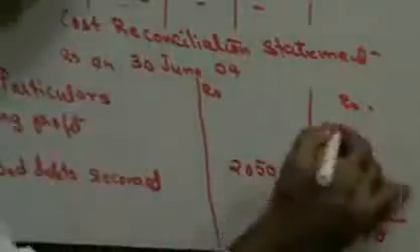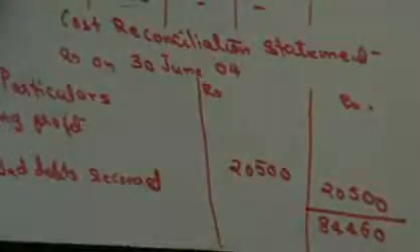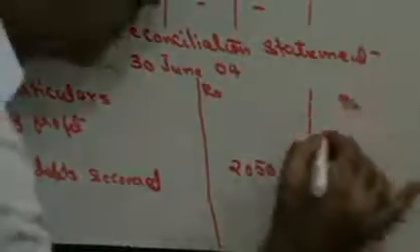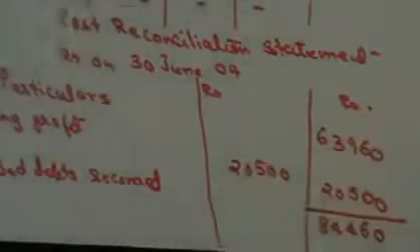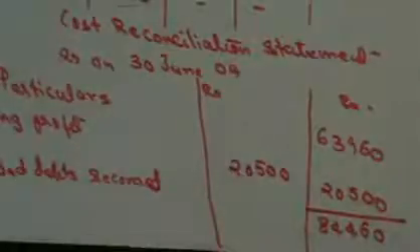Subtract this please. 63,960. So your costing profit is 63,960 plus 20,500 gives you 84,460 minus 44,120 gives you 40,340. Right? Let's move on to the next one, guys.